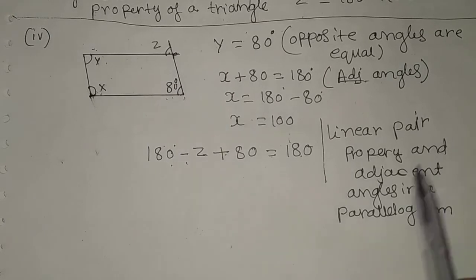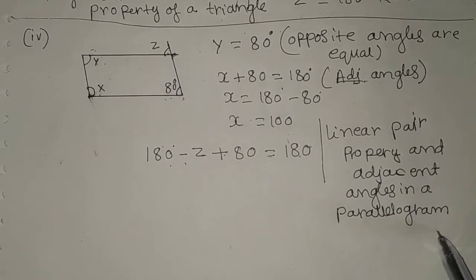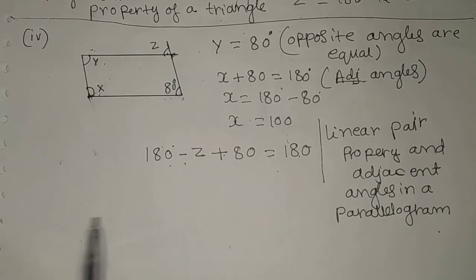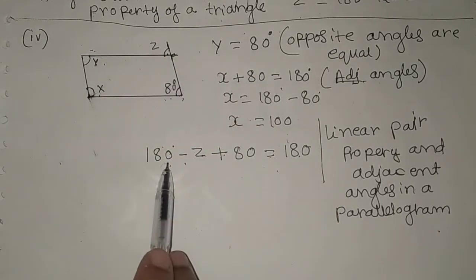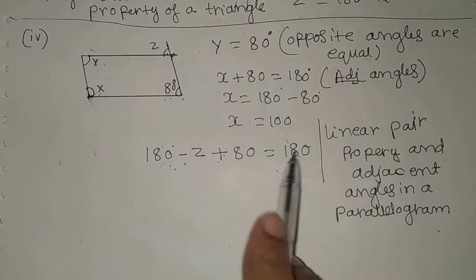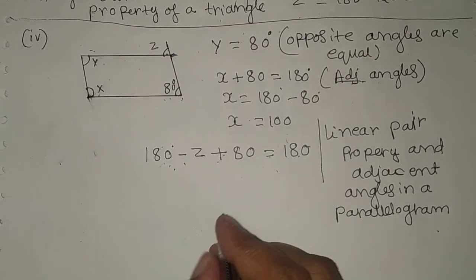Just write down this one, linear pair property and adjacent angles. This one is used here. So since Z is the exterior angle, therefore 180 minus Z plus 80 is equal to 180.